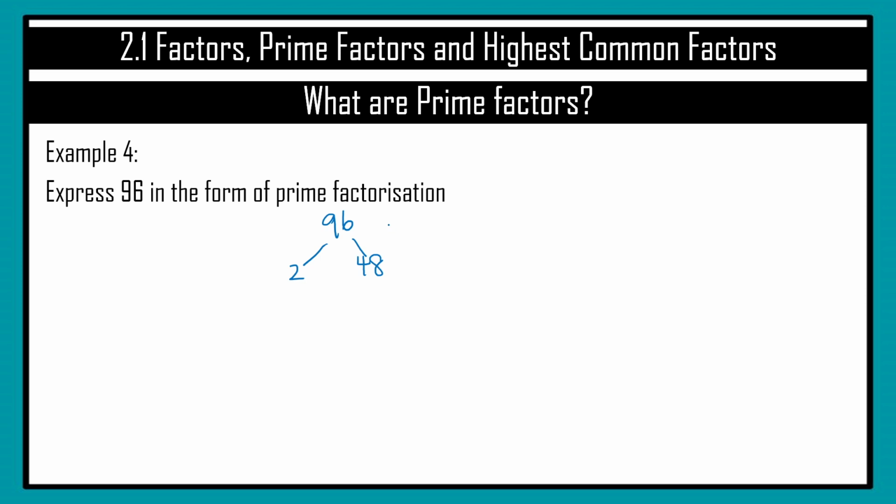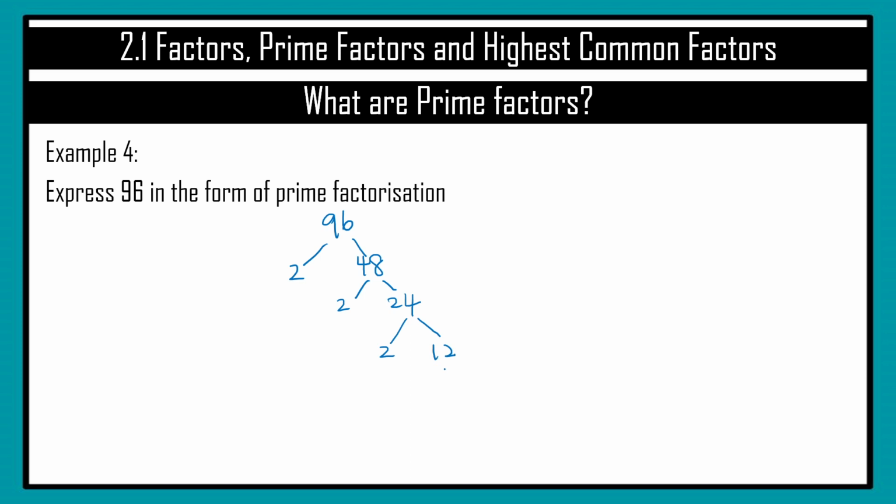So 48 I can divide with 2. So when I divide with 2, I get 24. Okay, then 2 I cannot divide anymore. The next one is 24. So 24 divided by 2, I get 12.